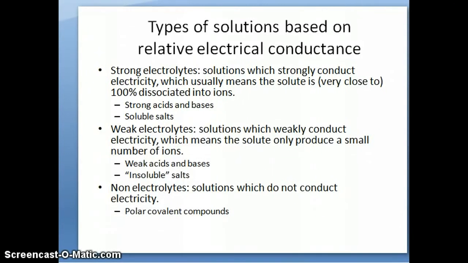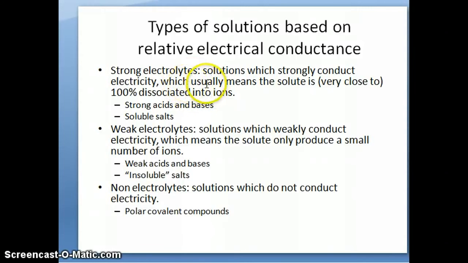So if you go to the next slide, it tells you here the different types of solution based on relative electrical conductance, which means just which one conducts a lot of electricity versus a little bit versus nothing. The types of solutions that can conduct electricity very strongly are what we refer to as strong electrolytes.